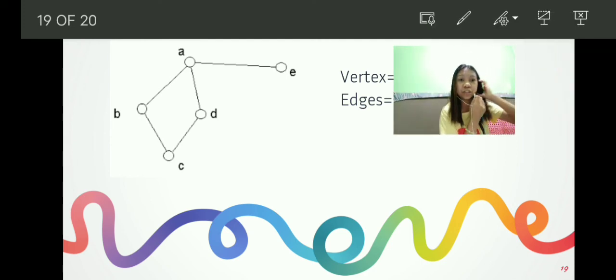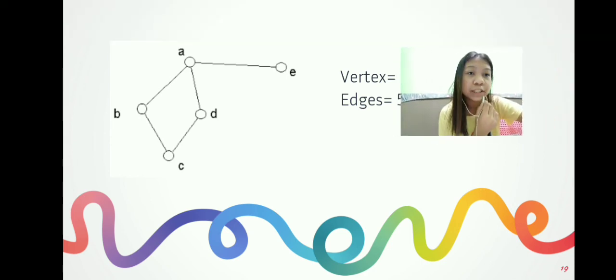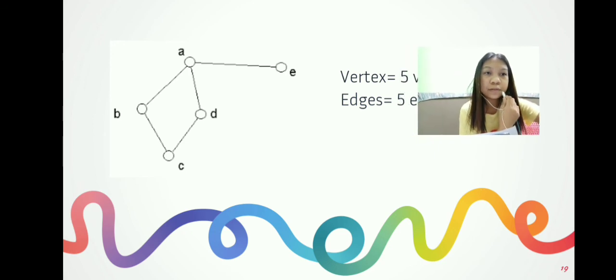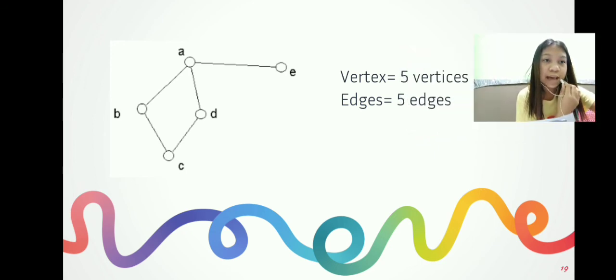So next is edges. Remember that an edge is a line attached to a vertex. As you can see, it has 5 edges, or 5 lines.